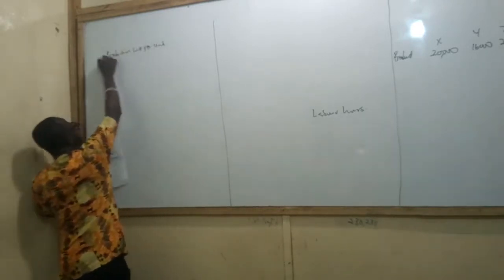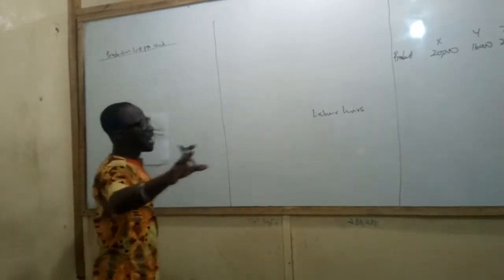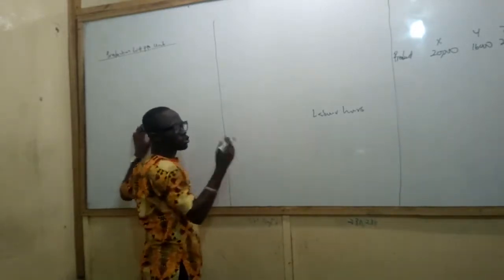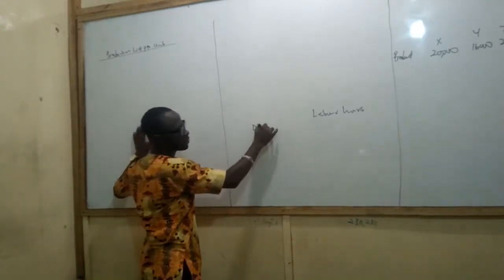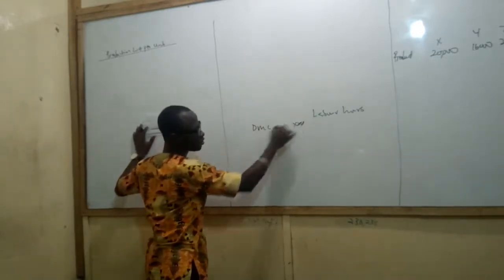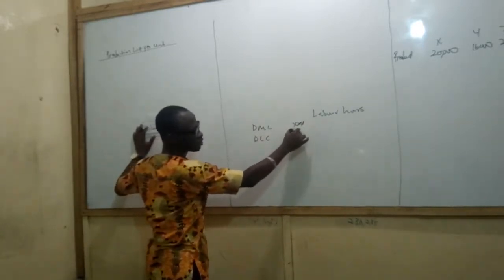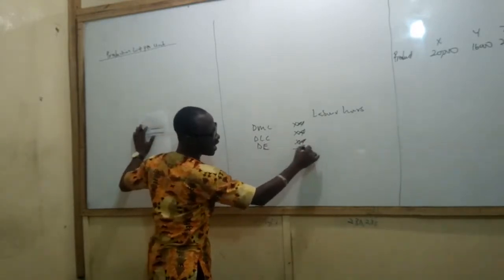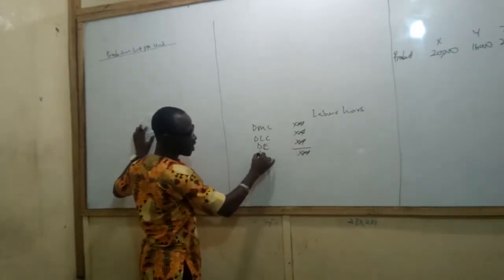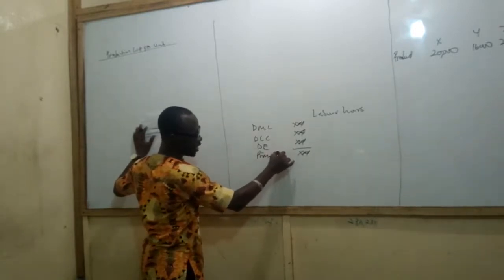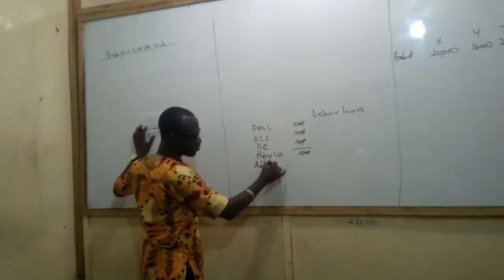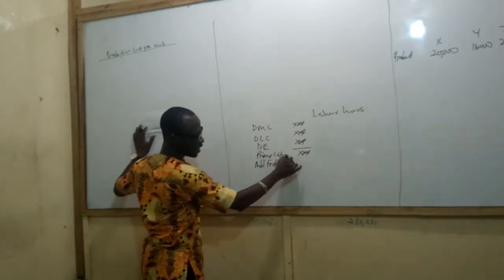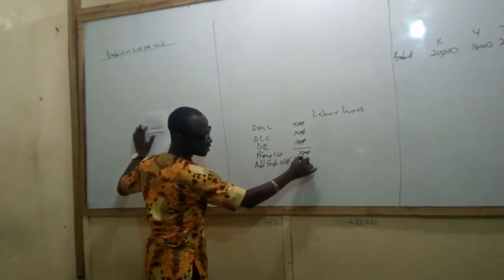So production cost per unit. If you remember, we said that to get the cost of a product, we bring direct material cost, direct labor cost, direct expenses, and that gives us prime cost. Then we add the factory overheads, and we will be doing workings for that.